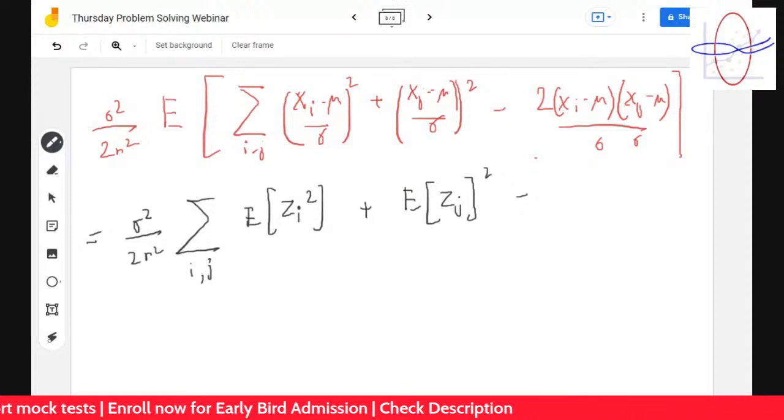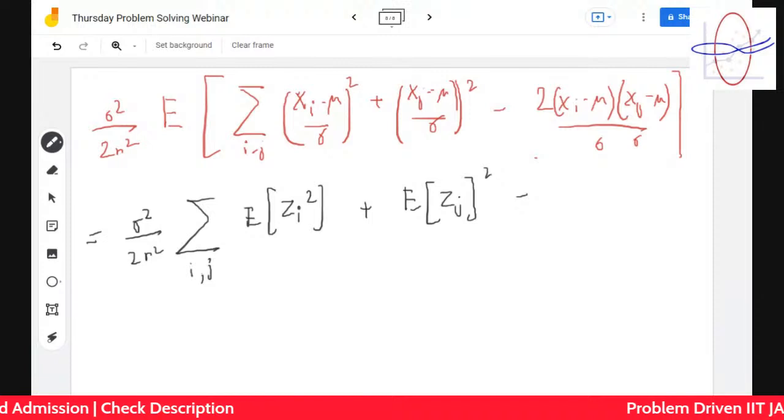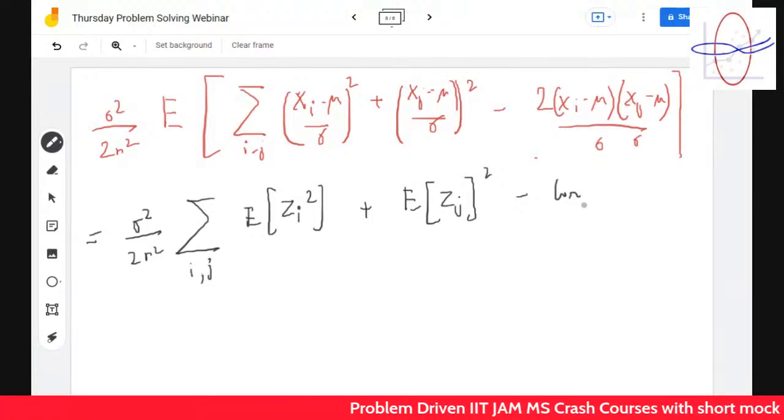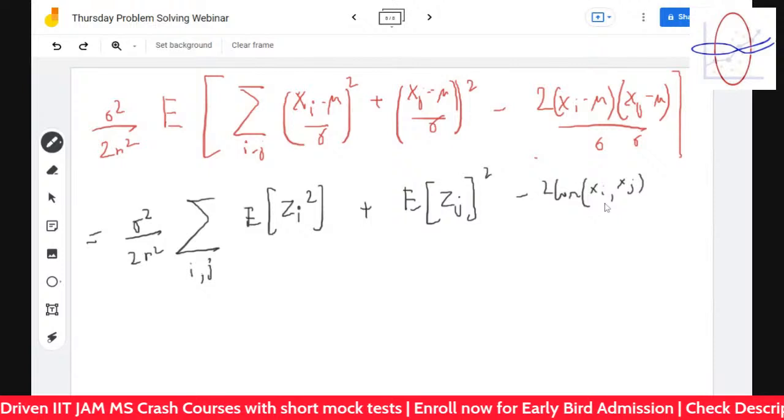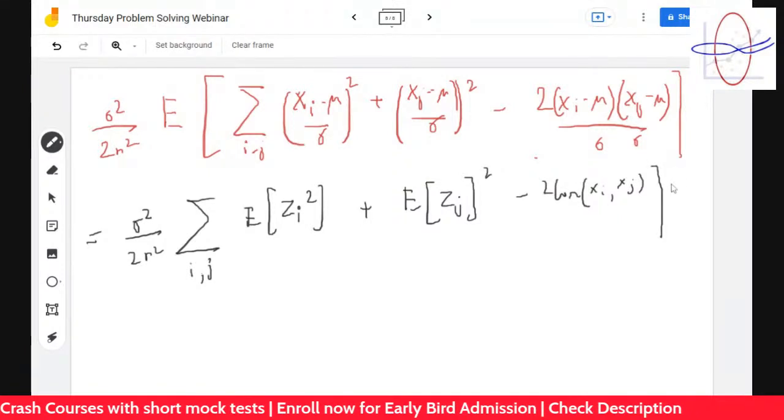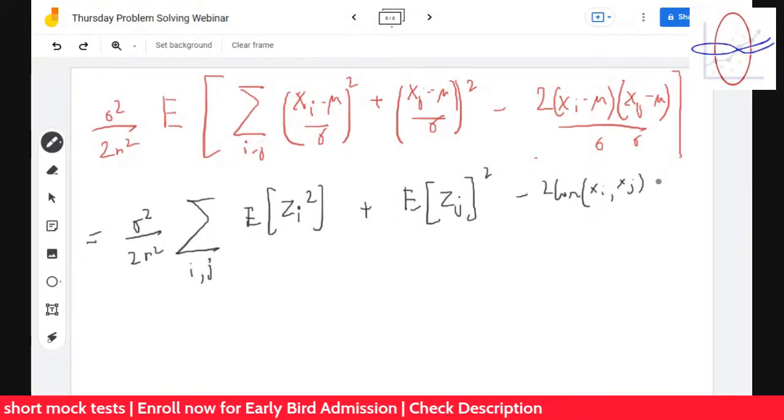It's a statistical term. Correlation, perfect. So it's twice the correlation of xi and xj, which is 0 since it is IID. So it is 0, that's fine.